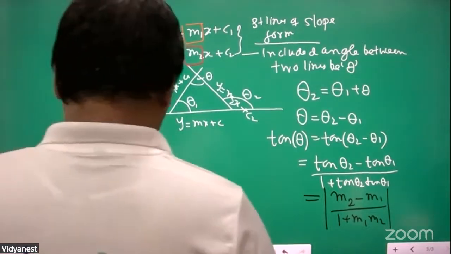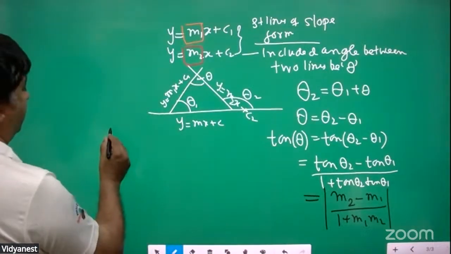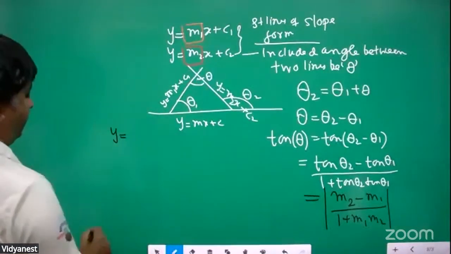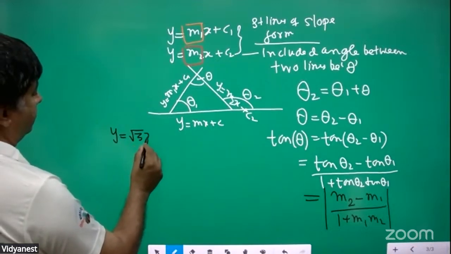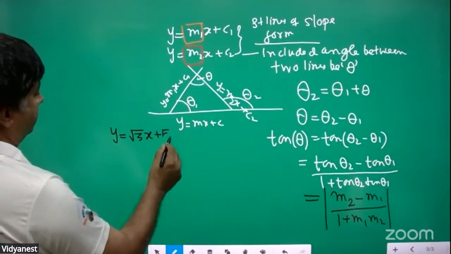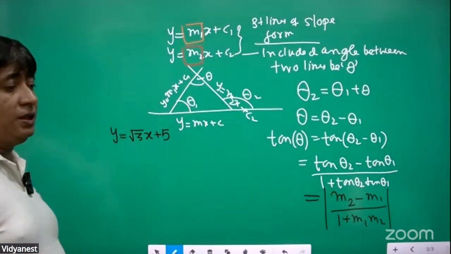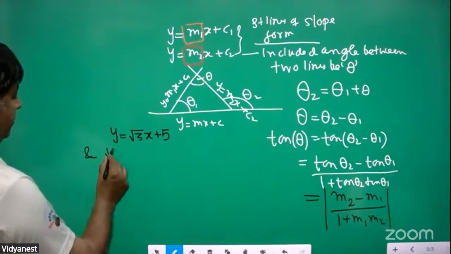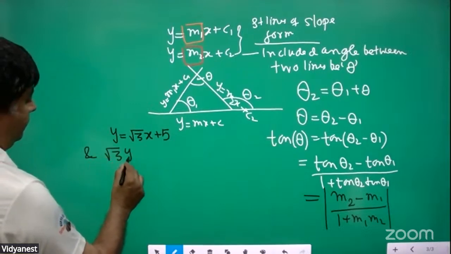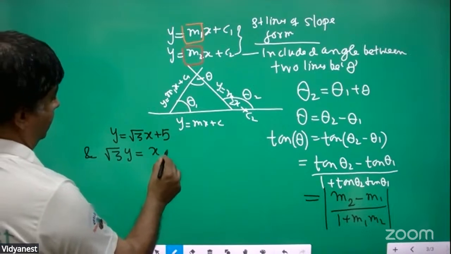Now, one line is given, y is equal to root 3x plus 5, and root 3y x plus 2.